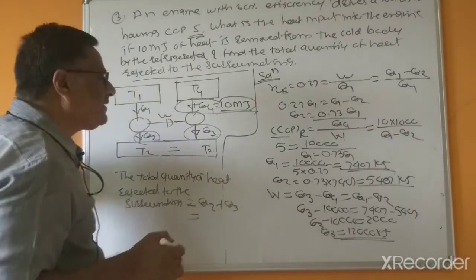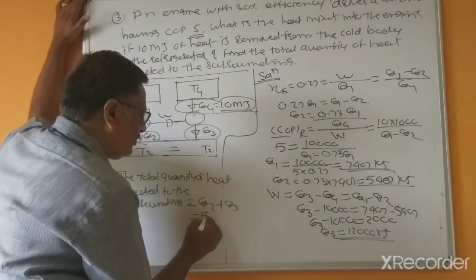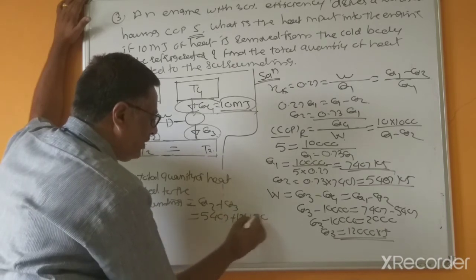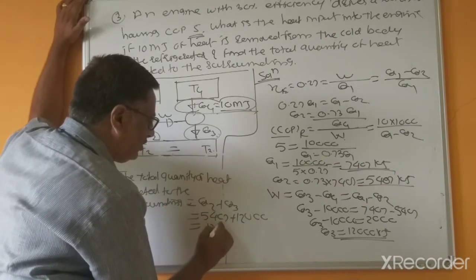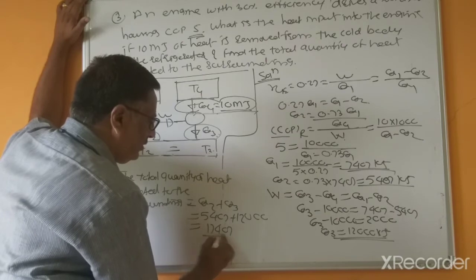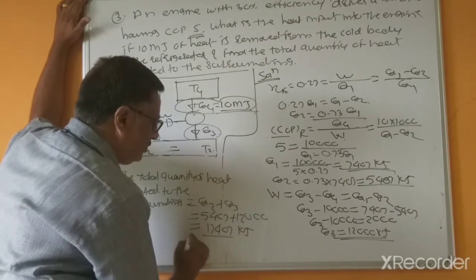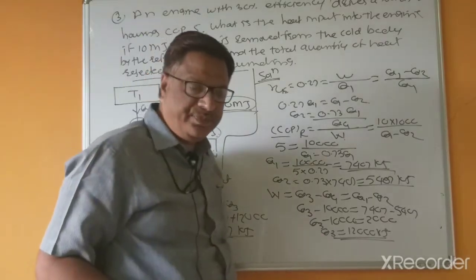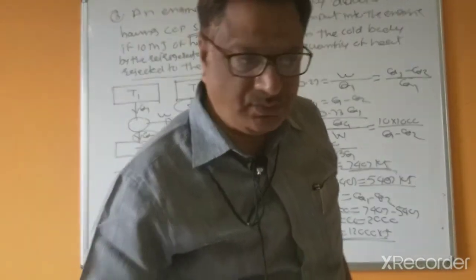That's why I combine this 5407 plus Q3 12,000, and this is equal to 17,407 kilojoule. So this much amount of the heat is rejected to the surroundings.